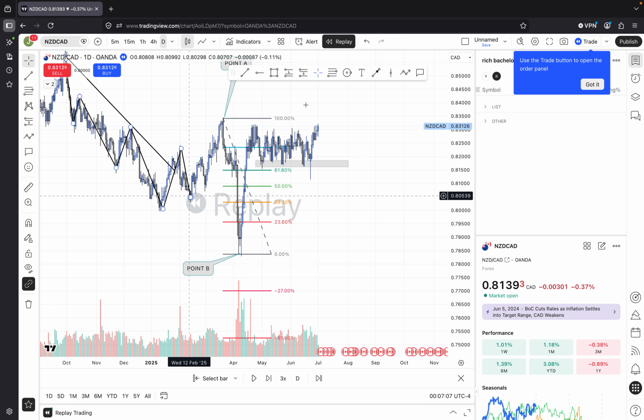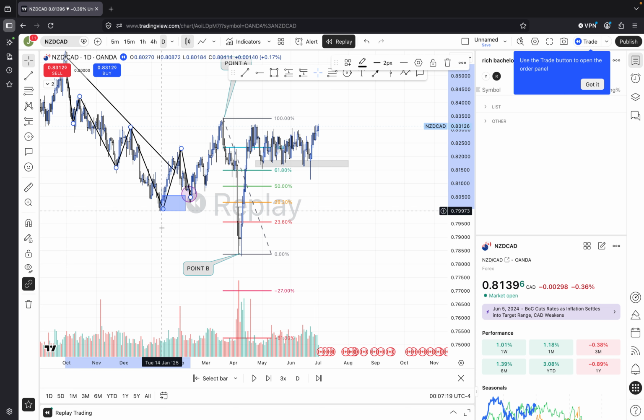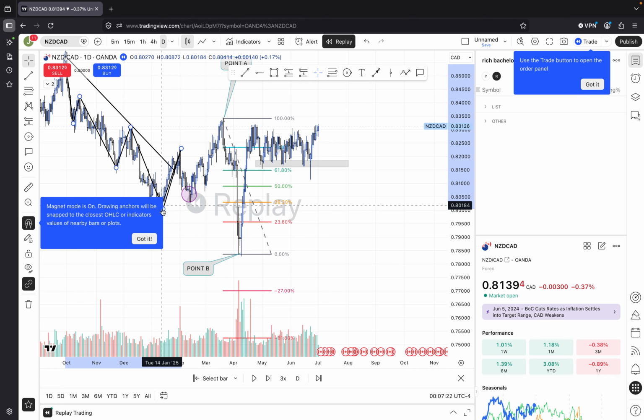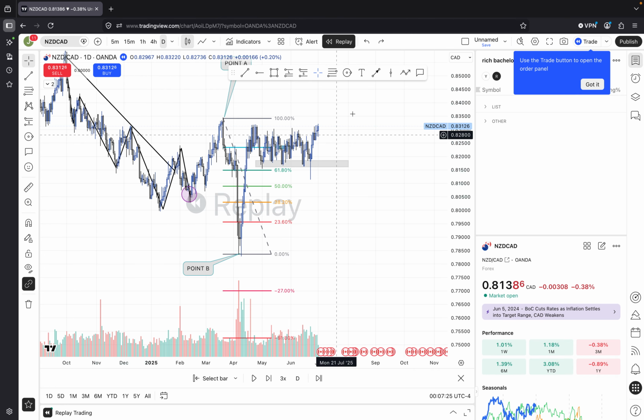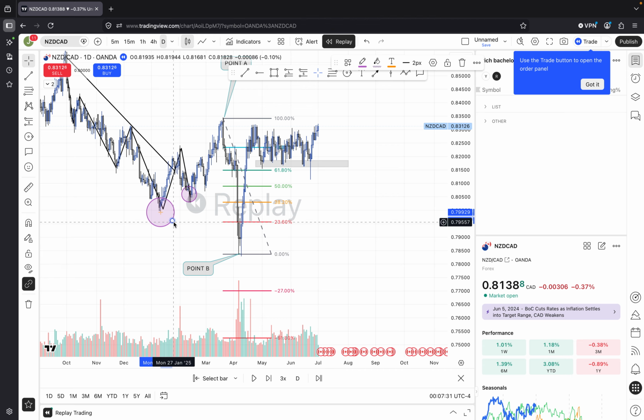This low right here is higher than this low over here. Hold on, let me just do this. As you can see, these two lows are completely different. This one is lower, this one's higher.